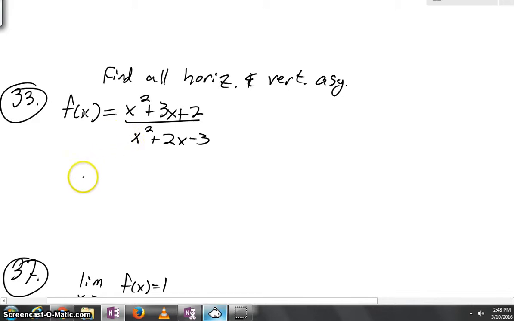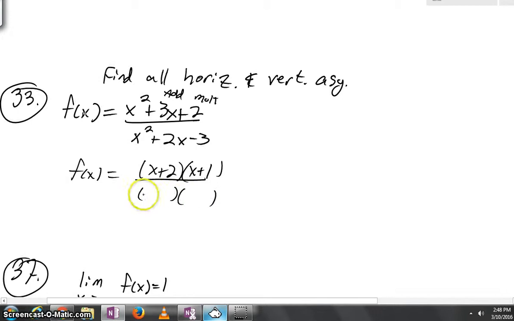Tell you what, when you were back here, what would you always wind up doing? You would first factor. Help me out. Factor the top. What do we get? x plus 2, x plus 1. Yeah, you got to multiply to 2, add to 3. 2 and a 1 do the trick. Careful, guys. What about down below? x plus 3, x minus 1.